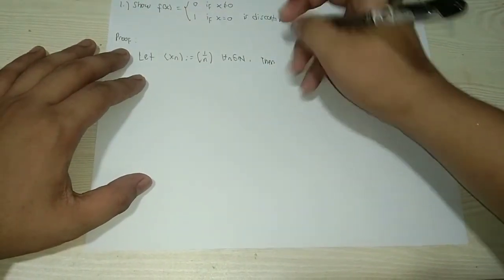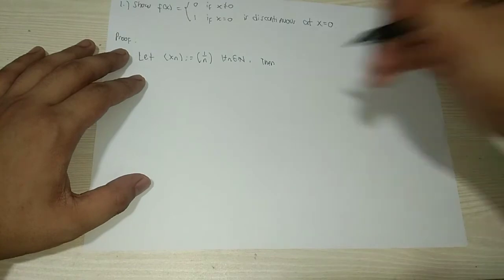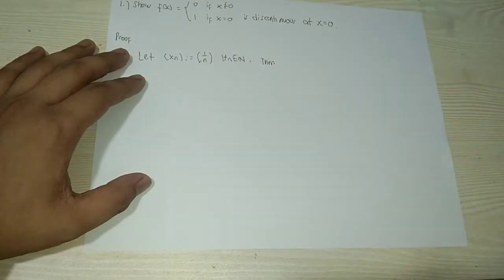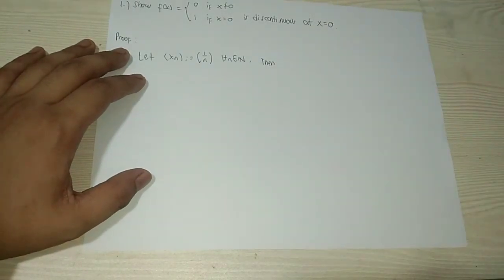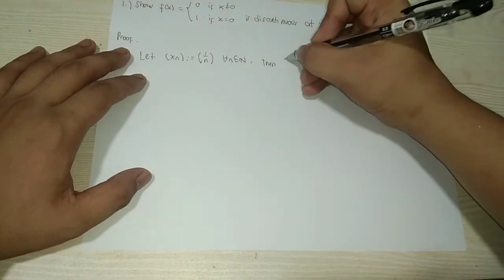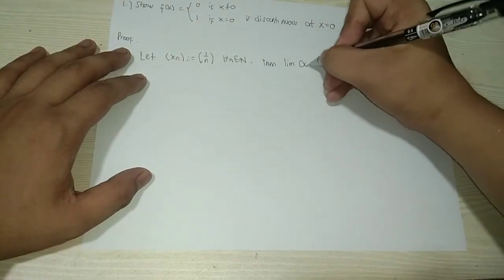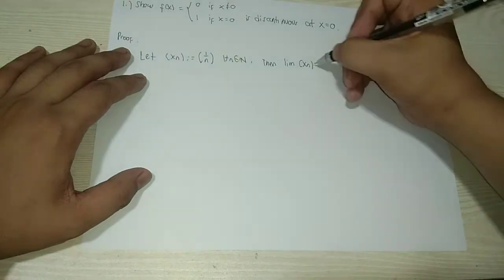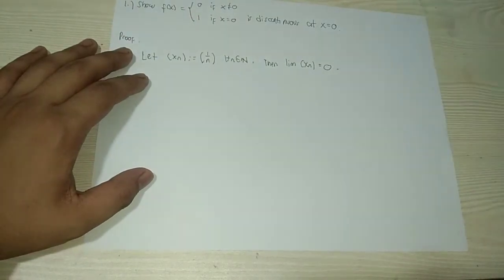Then, yung 1 over n na yan, magsisimula yan sa 1 and then 1 half, 1 third, 1 fourth, 1 fifth, and so on. So, nagde-decrease siya and saan siya nag-a-approach? Nag-a-approach siya sa 0. So, yung limit ng x sub n or yung limit ng 1 over n is 0. Okay?